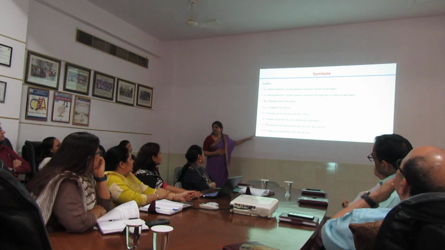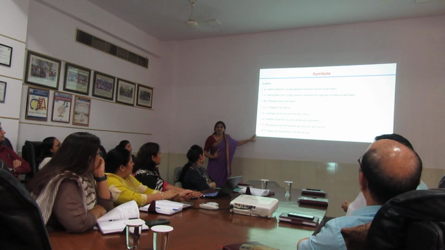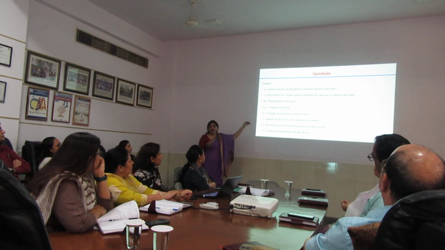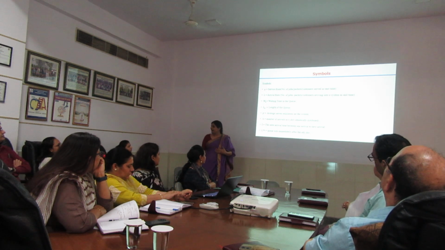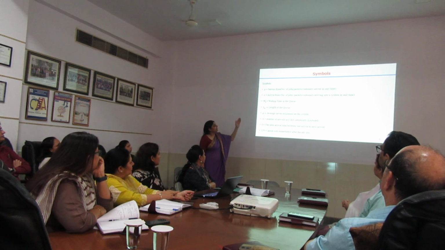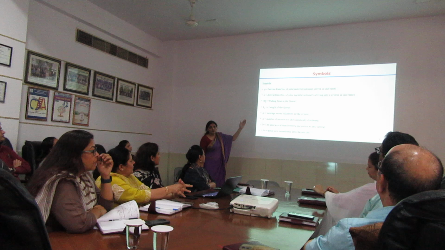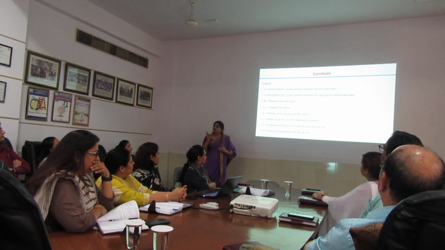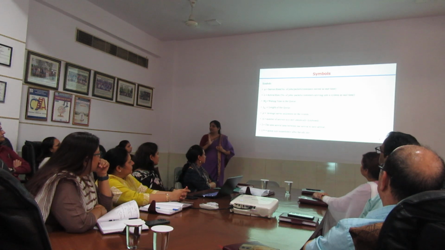These are a few symbols which we have used in our equations. First is mu. This represents the service rate, at what rate the service will be provided to the customer. Lambda will be the arrival rate, or we can say the number of jobs, packets, or customers arriving in a unit time in that nth slot.